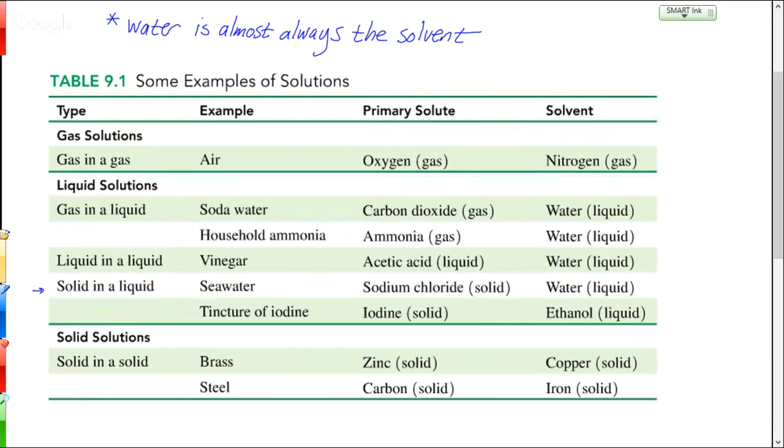You can also have liquid in a liquid. So we had our 5% vinegar solution the other day when we were looking at the conductivities. That would be acetic acid dissolved in water. This is where it can get a little weird sometimes, because with two liquids, depending on the liquid, you can change their amounts pretty much the whole way. So if you take something like ethanol and water, ethanol is like drinking alcohol, right?